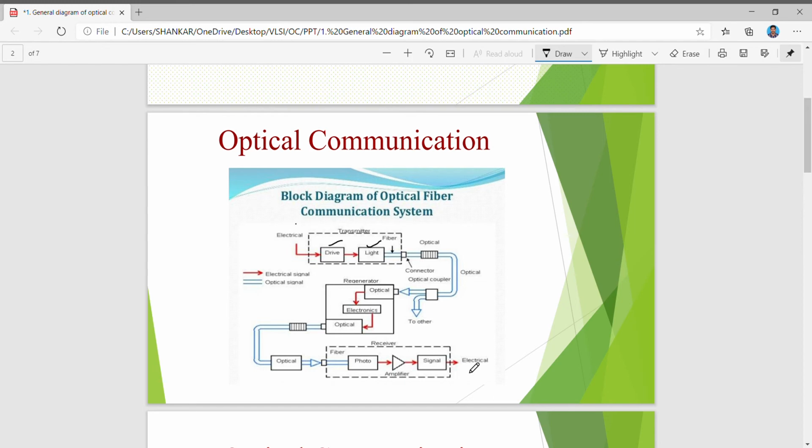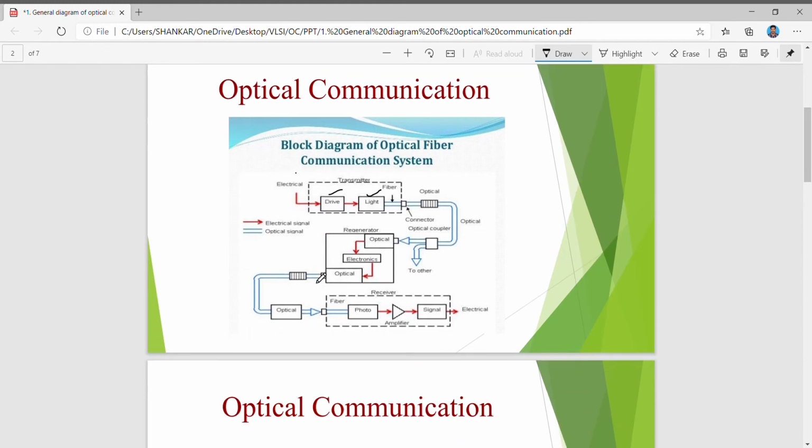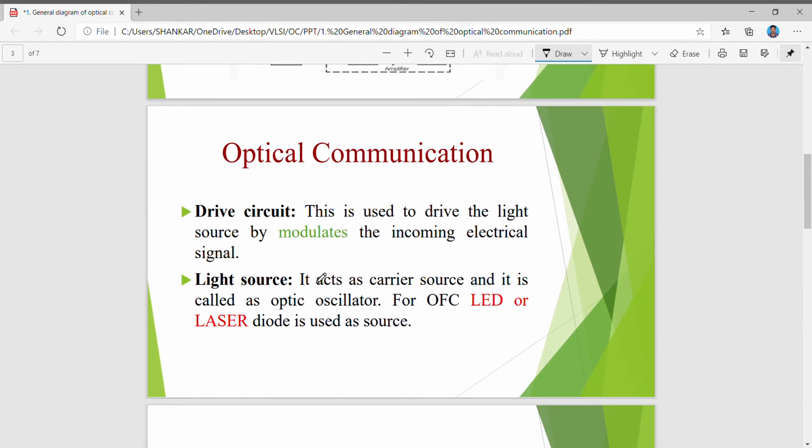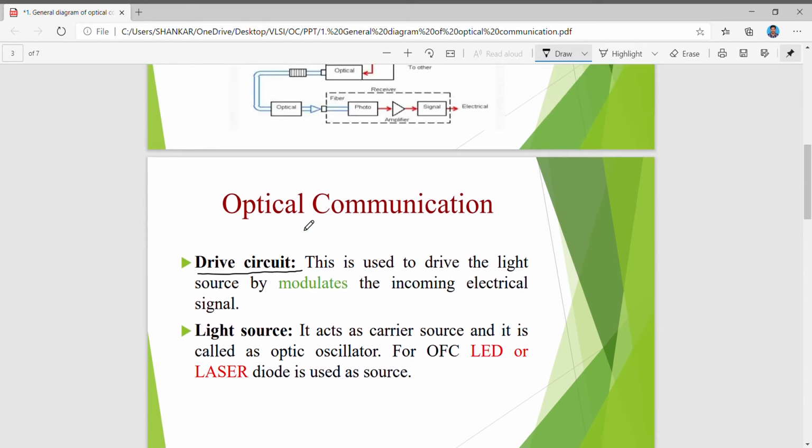Now we will see how the electrical signal is converted into the optical signal form and how it will be transmitted. Here we are using the drive circuit. The drive circuit is used to drive the light source.